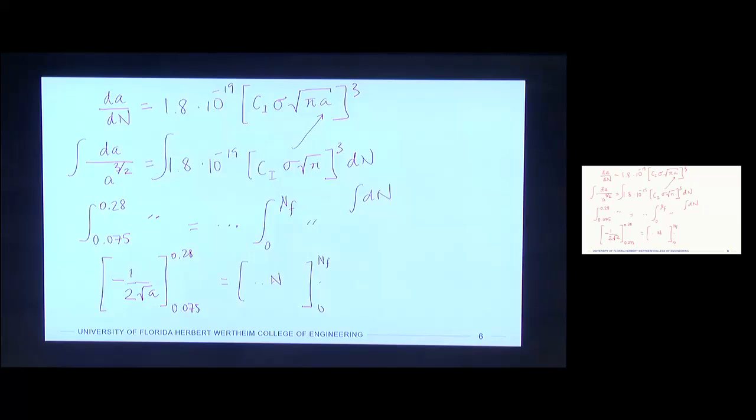Correct. Because here it goes from 0 to something, but if it goes from some value to some values, then there has to be some sigma, right? Because here the minimum is 0, so we don't care. But if it goes from certain value to certain value, then there are two sigmas, right? I mean, less intense sigmas probably are not going to be what causes the crack to fail.